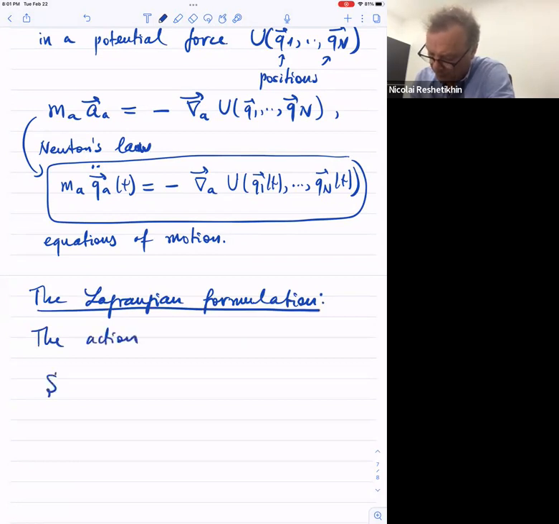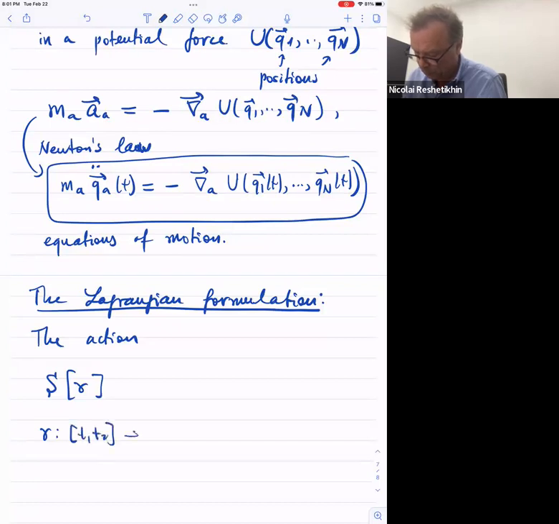The action is very similar, but now gamma is a collection of n paths. So now gamma is a mapping from [T1, T2] to R3 to the n.